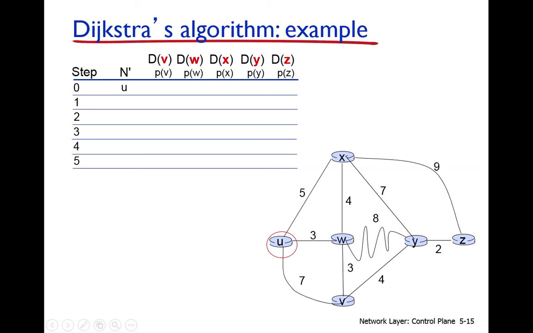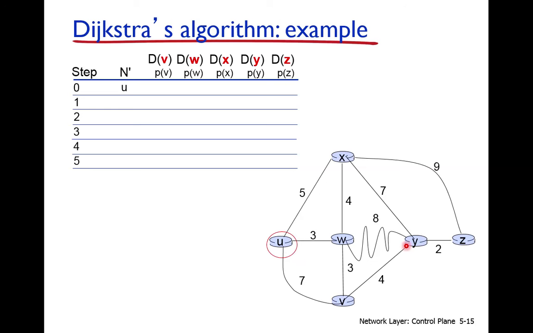Now suppose I am present at the node U, so node U is in the visited list. From U I can only access X, W and V directly. So these are direct paths. The cost from U to X will be 5. From U to W it will be 3. From U to V it will be 7.